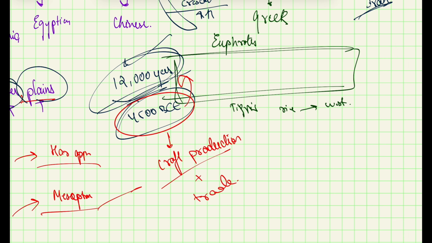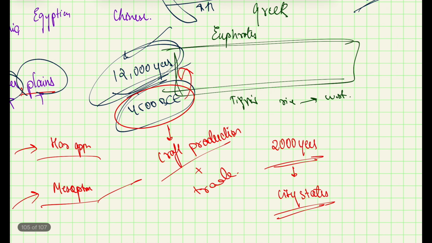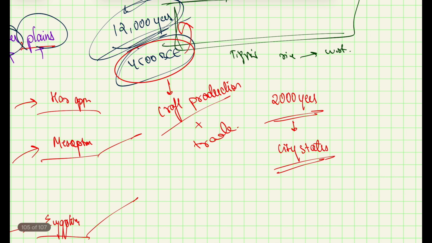And over the next 2000 years, after all of this, they came up with large cities which became city states. So they were among the four major city based civilizations which flourished from 3500 BC itself.